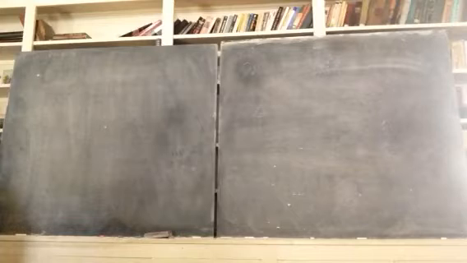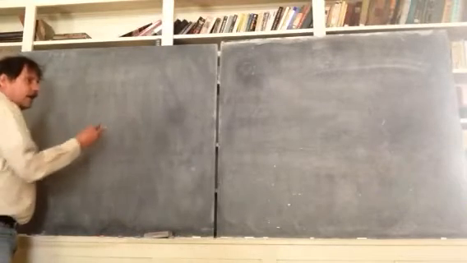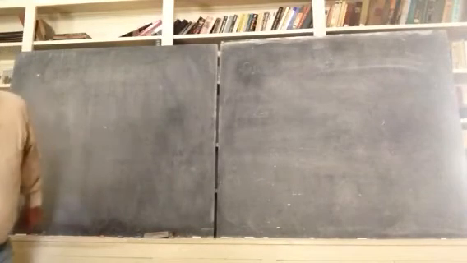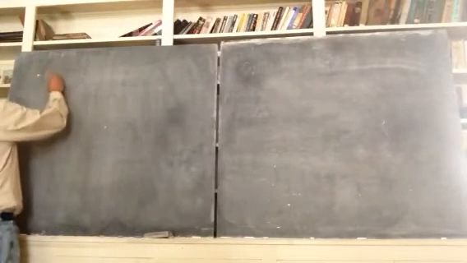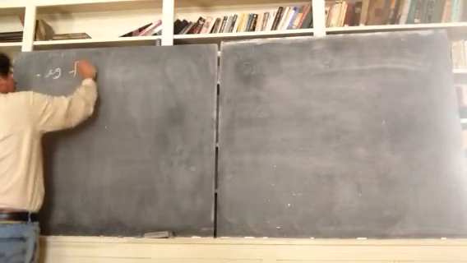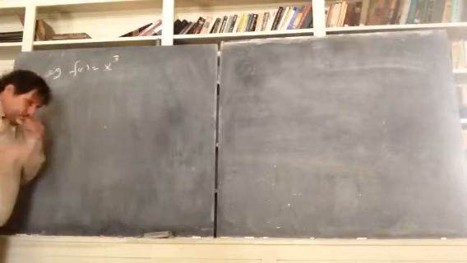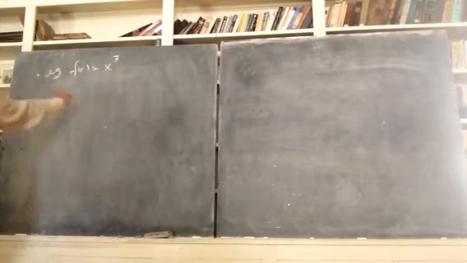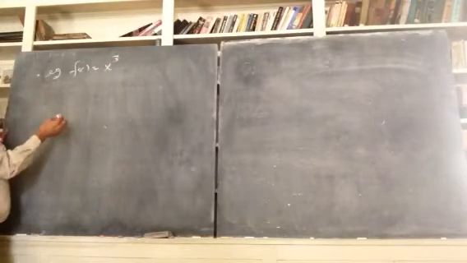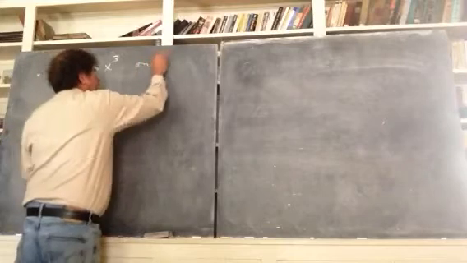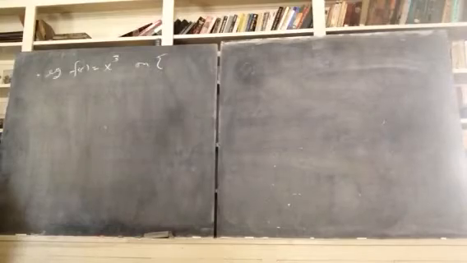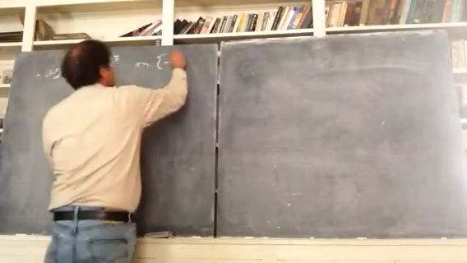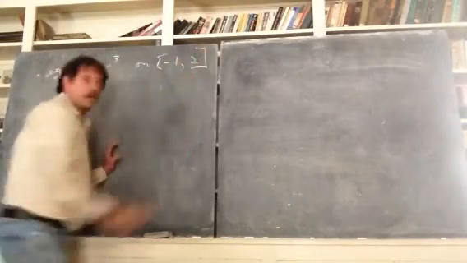Another example. Let's do the average rate of change for f of x equals x cubed, a toolkit function, on the interval -1 to 2.